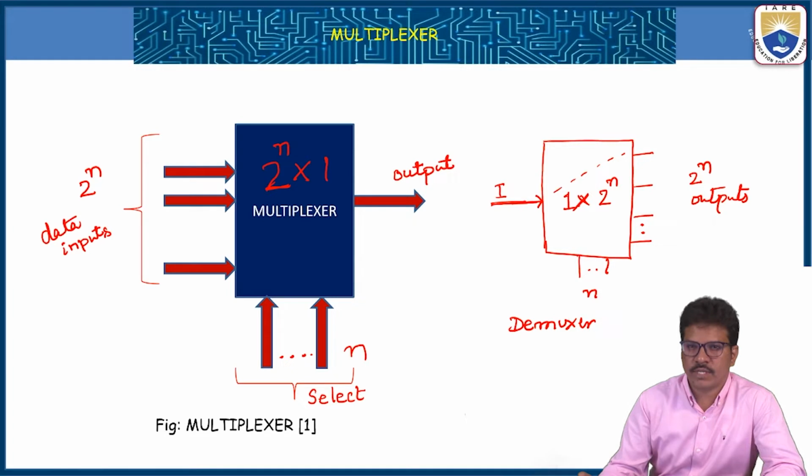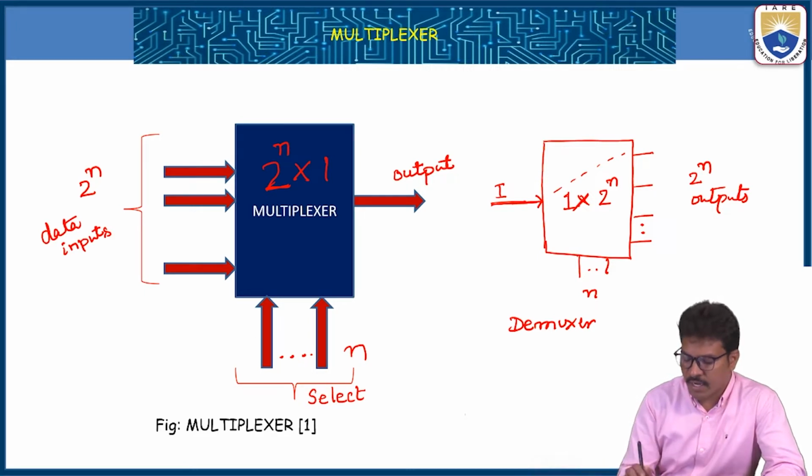Let us see problems regarding multiplexer and demultiplexer. The simple question is to draw or implement a 2 power n by 1 multiplexer with n select lines, so we take 2 power n inputs and n select lines. Now the Boolean function for this mux, where y is the output, is in SOP form. For example, take 2 select lines, S1 and S0.